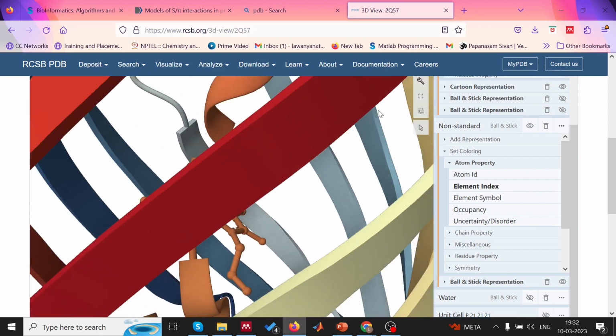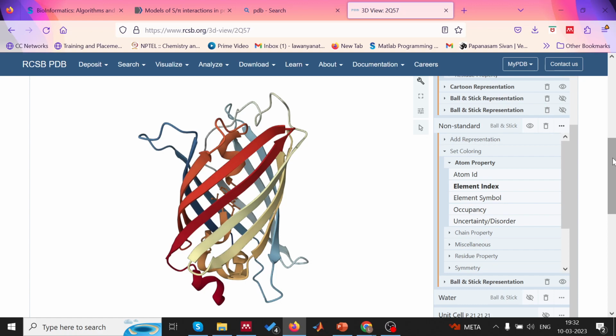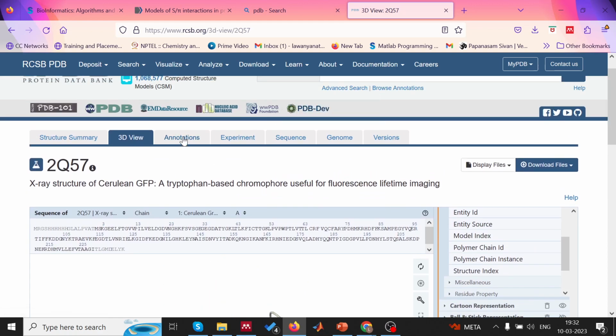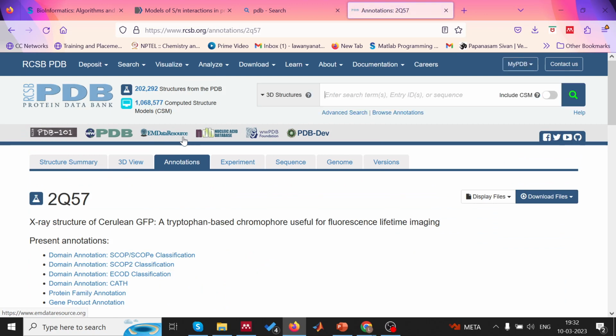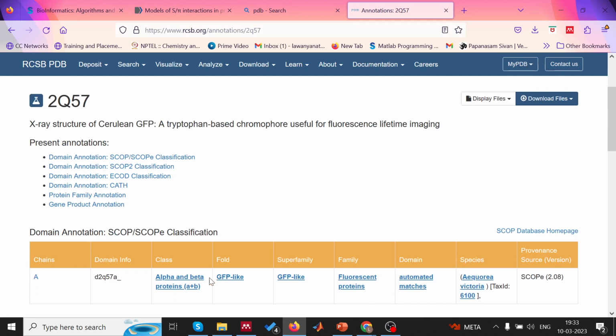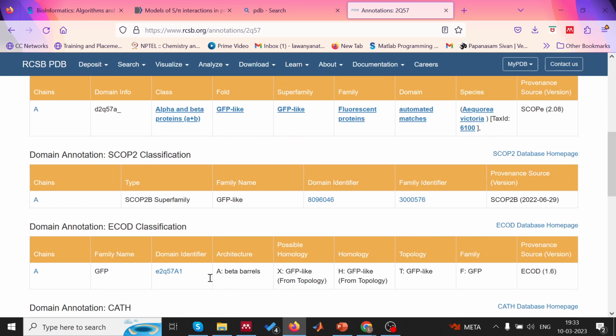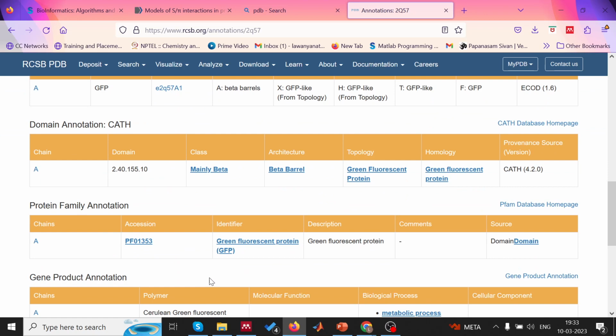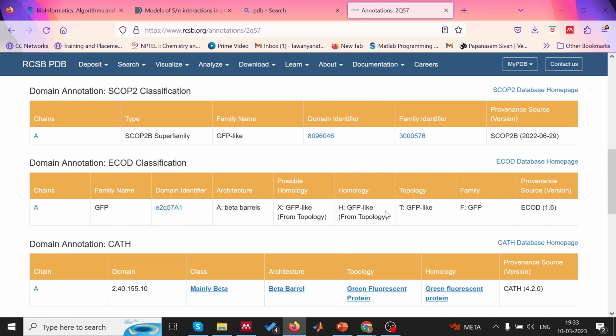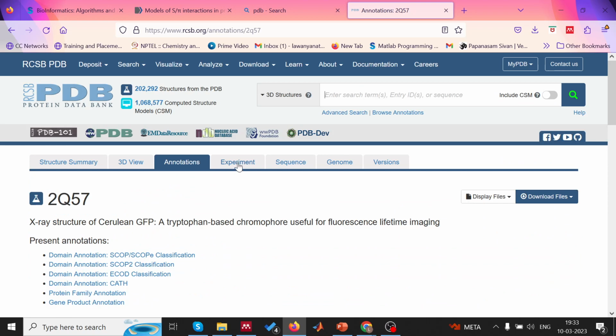So this was 3D view. Going to annotations, you can get all its connection between other homologous proteins. So the architecture is called beta barrel and mainly beta. You can even call it all beta or mainly beta. Now structure summary.